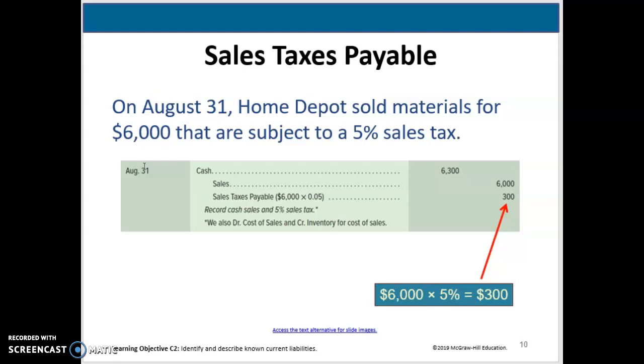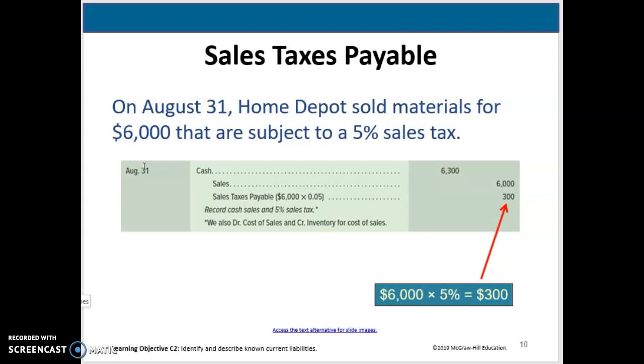We're going to be paying out the sales taxes probably quarterly. So we would be debiting cash for the total amount, and we're going to credit sales for the amount of sales. Then we apply that 5% to the amount of sales. So 6,000 times 5% is 300. That's the amount of sales tax that we're going to be recognizing. So we're going to set it up as a payable until it's time to pay it. But we know about that amount that we're going to pay in the future.